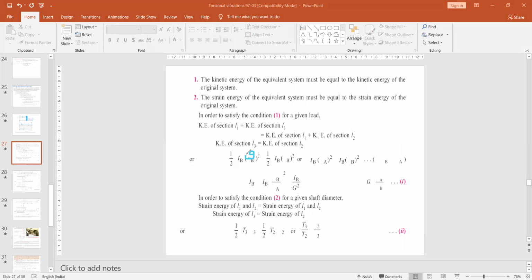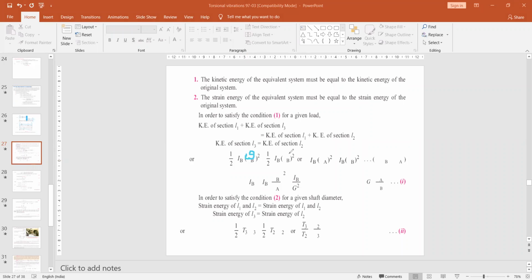Every place we have to put that omega. So half I B omega square equals half I B omega square.